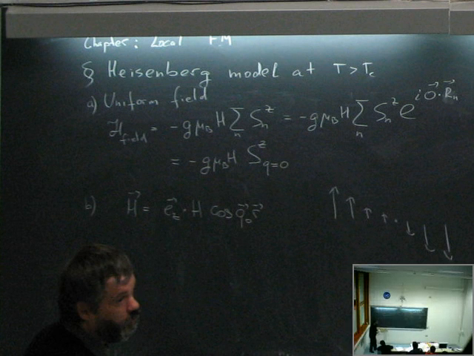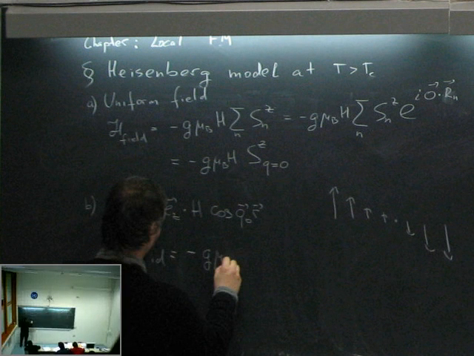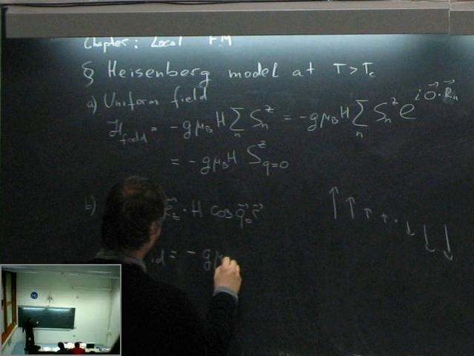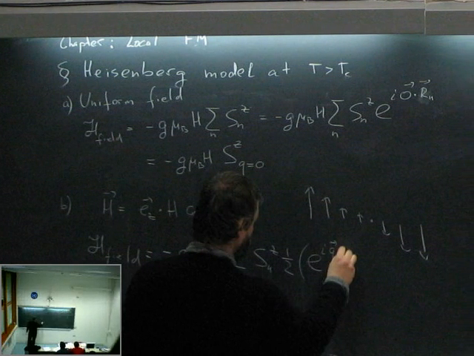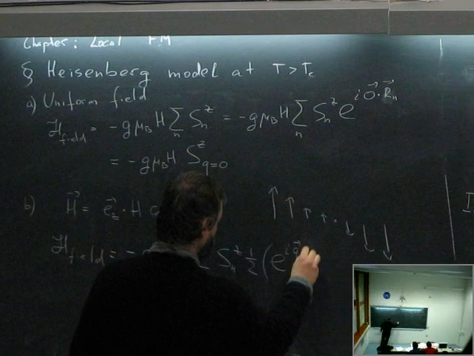Okay, then, of course, the field Hamiltonian is equal to minus g mu_B H sum over n S_n^z, and here I will write cosine as a sum of two exponents, e to the power i Q_0 R_n plus e to the power minus i Q_0 R_n.